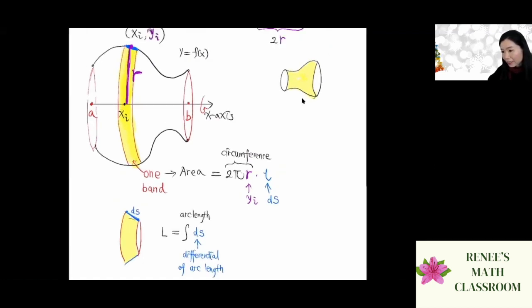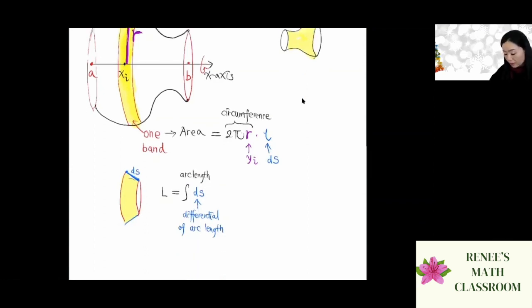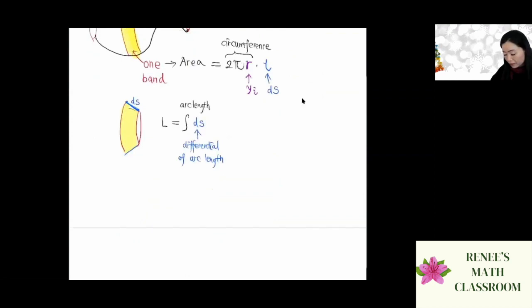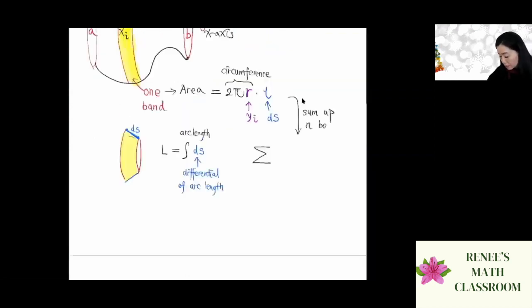Now we're going to sum this up, so we sum up n of them. I'm going to go to the next page. So we sum this up, 2 pi times yi, and then ds, with i going from 1 to n, so we have n of them.